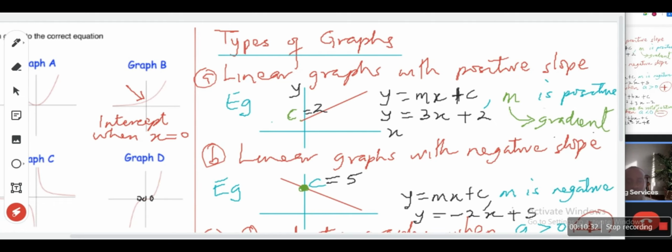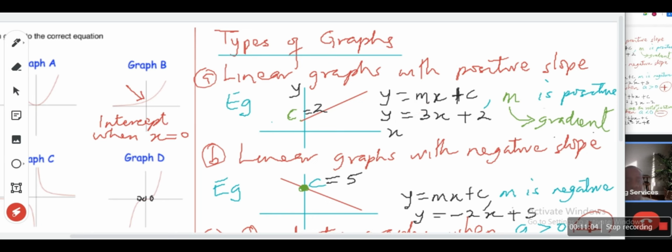What's the value of the gradient in y equal to 3x plus 2? 3. 3, because that's what is taking the place of m. So the gradient is 3, and it is positive. It's a plus 3. That's why it's going to slope upwards.